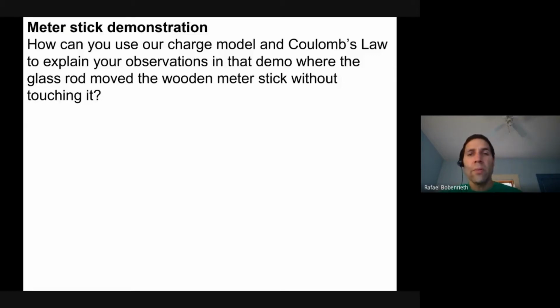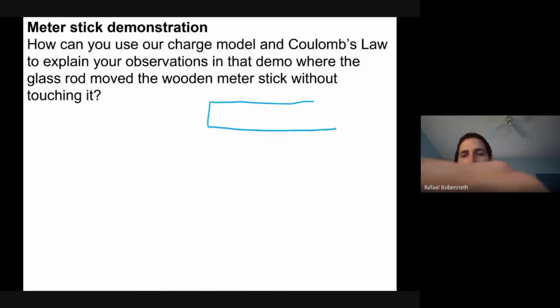Okay, so let's think about something here. We have this meter stick. Here's the meter stick, and the meter stick is neutrally charged at the start, right? I'm going to exaggerate things here, but at the start the meter stick has plus, minus, plus, minus, plus, minus, evenly distributed on both ends.